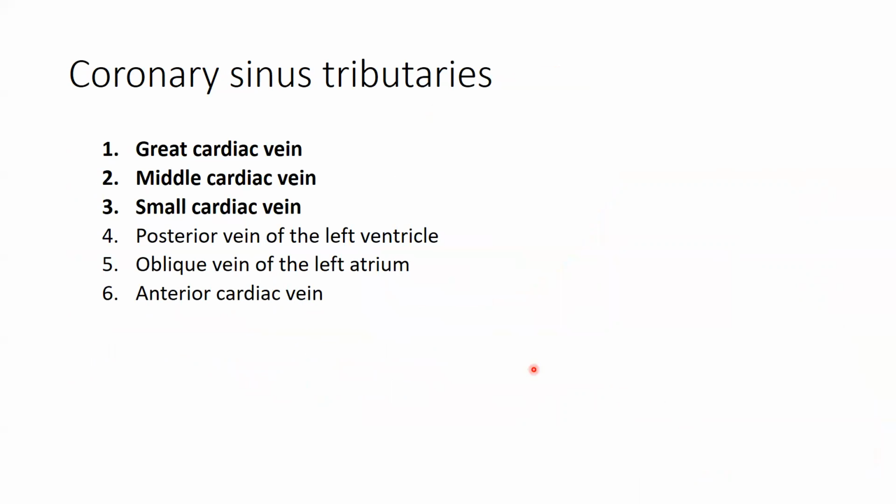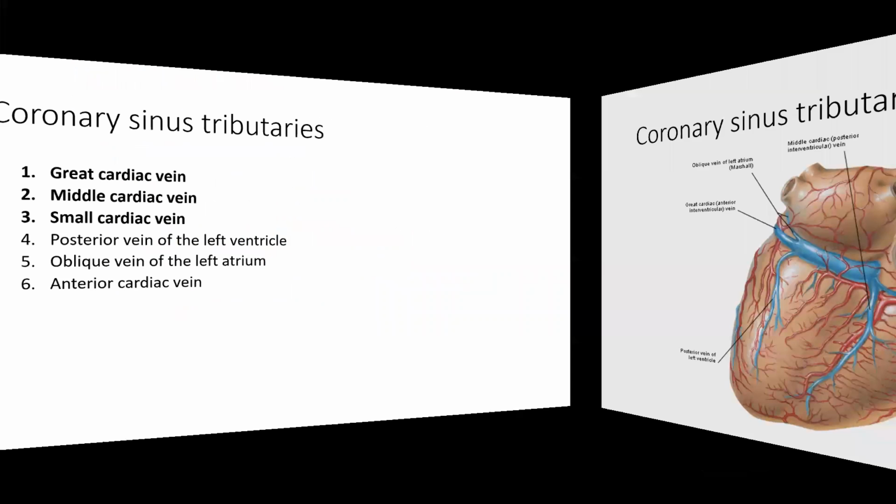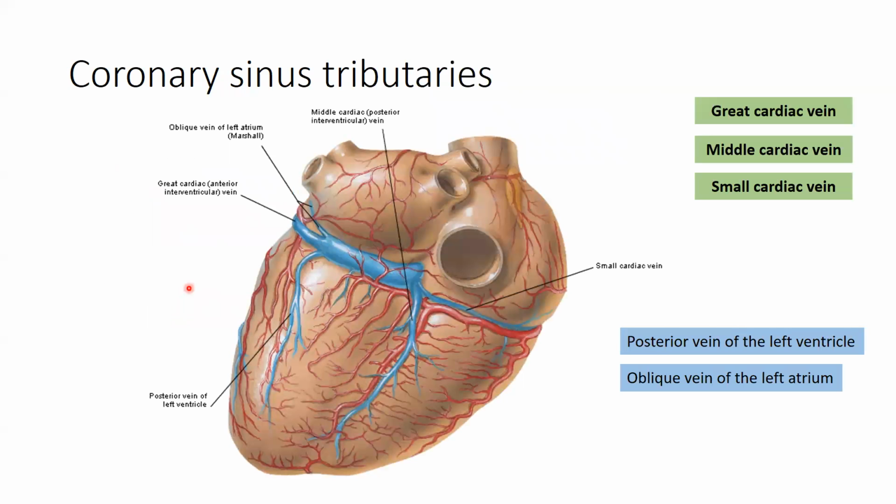Okay, what are all the tributaries of the coronary sinus? This means the vessels that drain into the coronary sinus, all six of them: great cardiac vein, middle cardiac and small cardiac veins, posterior vein of the left ventricle, oblique vein of the left atrium, and anterior cardiac vein. So where are all these vessels?